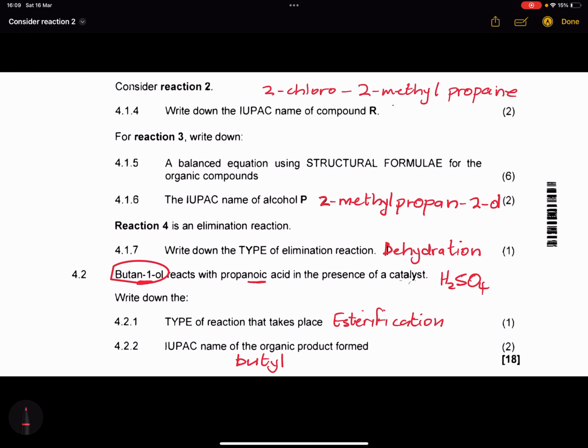It tells us that we're not done naming. And then the carboxylic acid side, that is propan, and the suffix for esters is always -oate. So it's butyl propanoate. Okay, right. I hope that makes sense, ladies and gents.